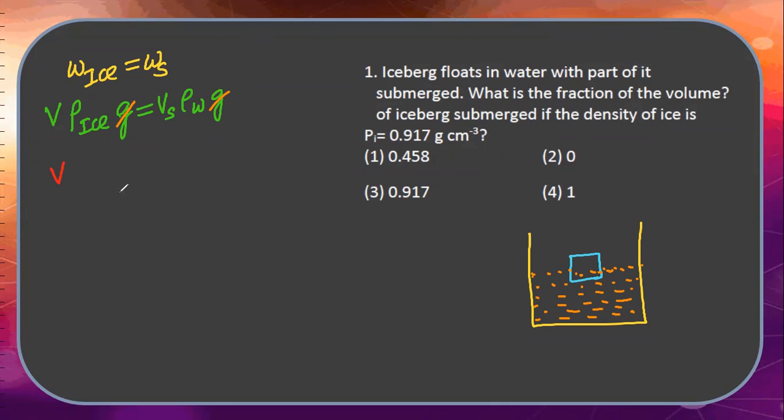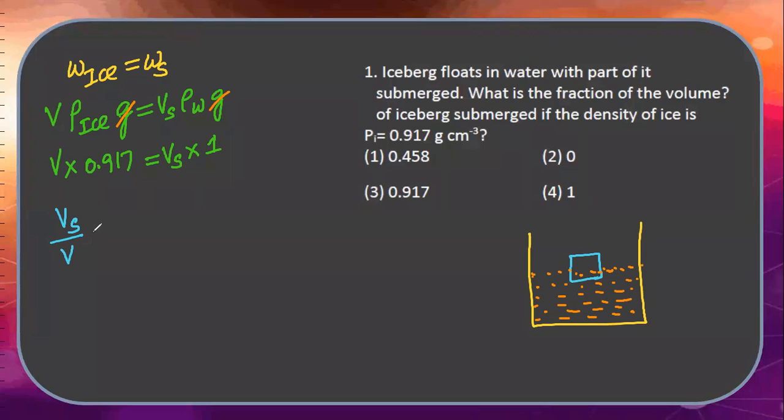Then V into the density of ice, 0.917, is equal to Vs into 1, the density of the water.